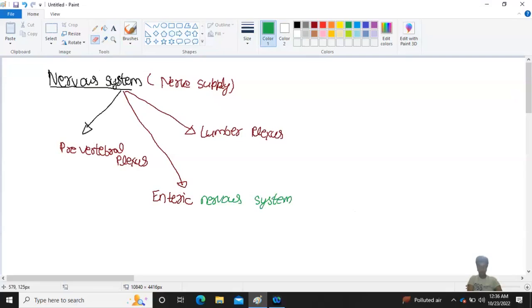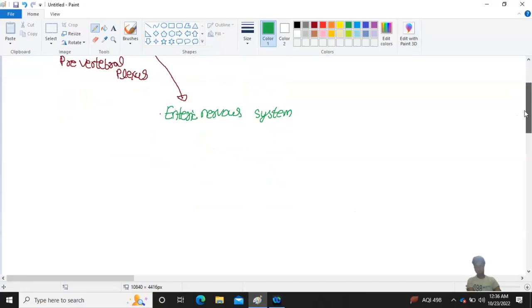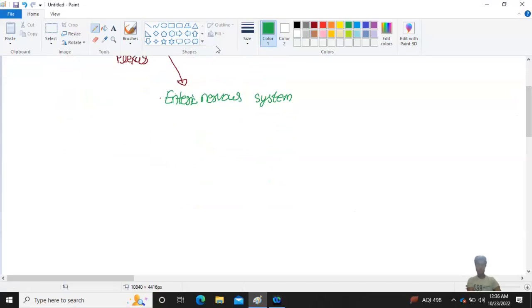These are the three types of nerve supply in the abdomen. So first we start with the prevertebral system.